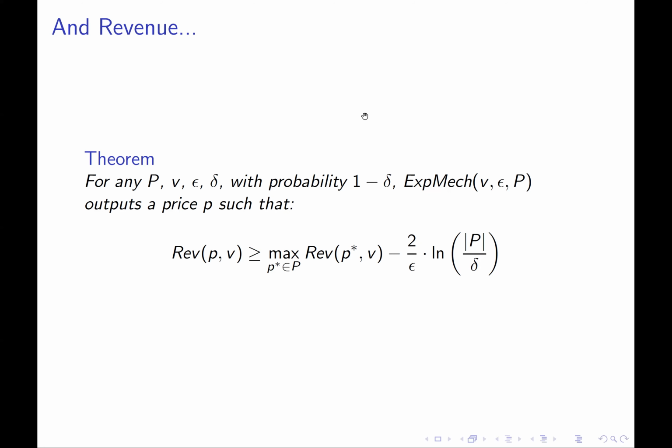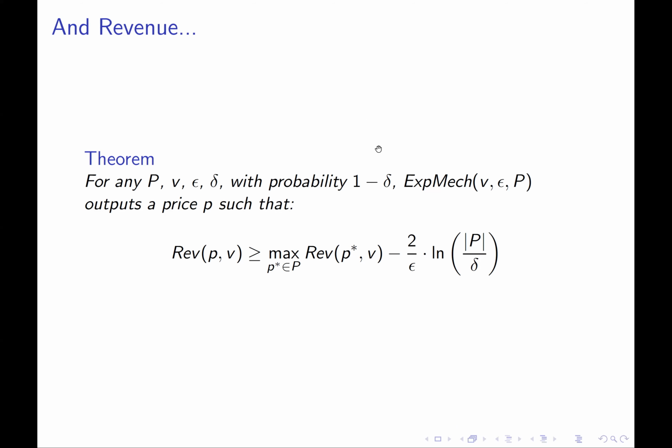That's the thing we want to improve on. And since we're giving up on dominant strategy truthfulness and replacing it with approximate dominant strategy truthfulness, we'd really like to improve substantially on the revenue guarantee, like by an exponential factor. And that's what the exponential mechanism is going to allow us to do.